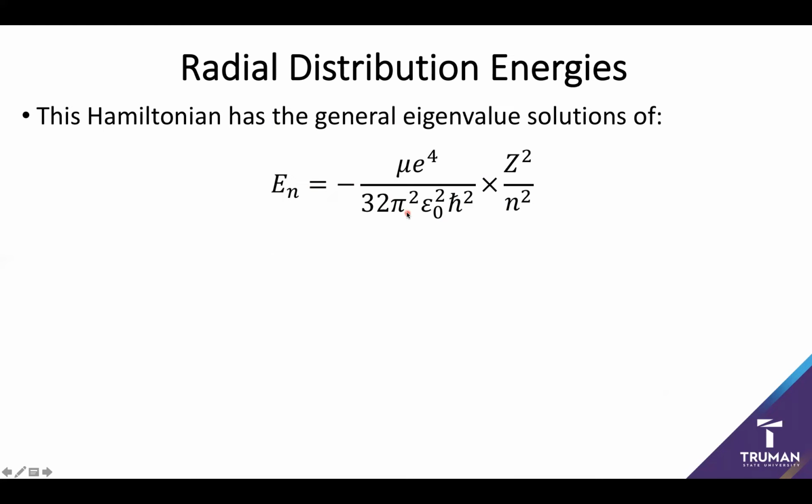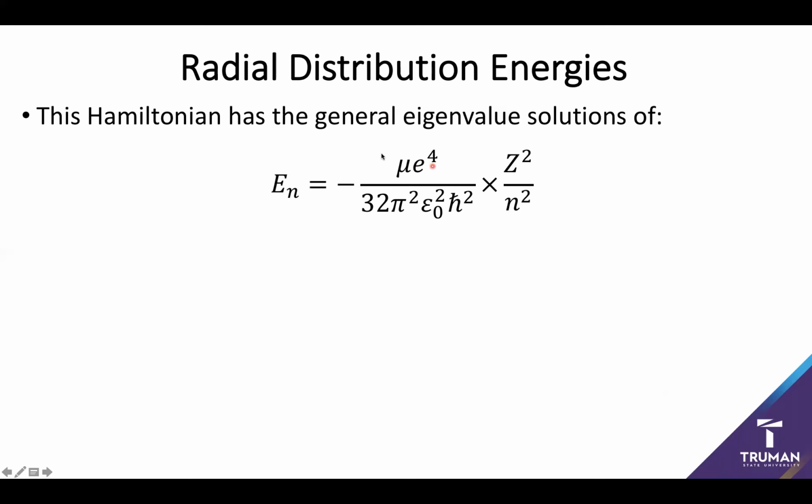But it turns out it only has dependence upon two variables. The first makes fairly logical sense. It's the charge of the nuclei. And this is partially because the charge of the nuclei is really going to show us the depth of the well. The second component is going to be this n value.